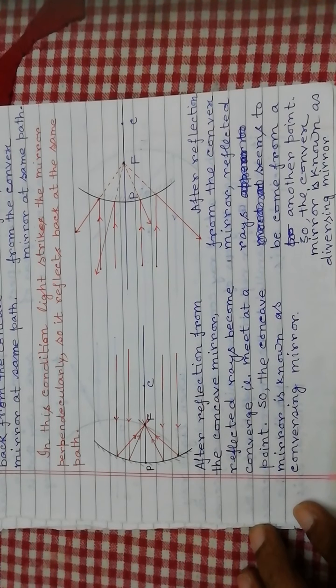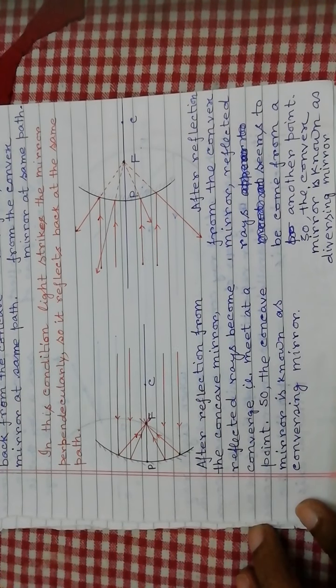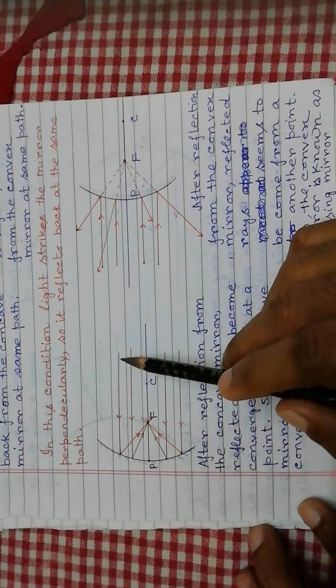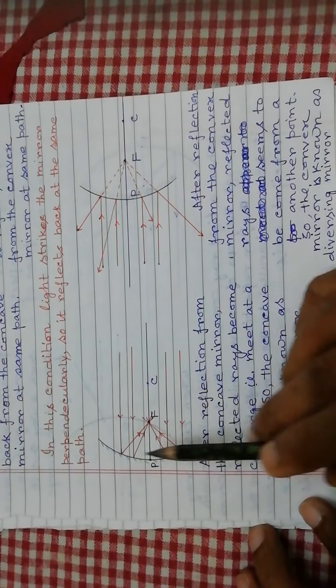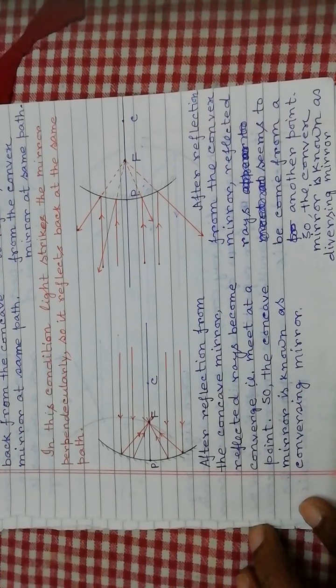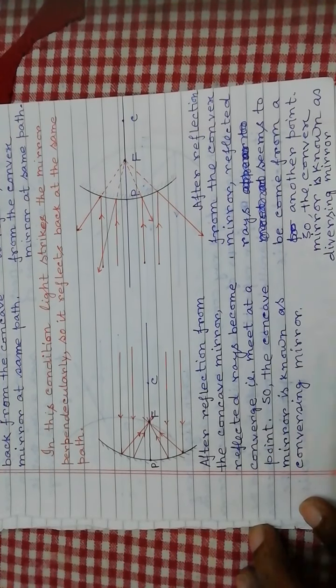Now the concave mirror is known as a converging mirror. Now the question is why? When a parallel beam of light strikes the concave mirror, after reflection the reflected rays meet at a point.